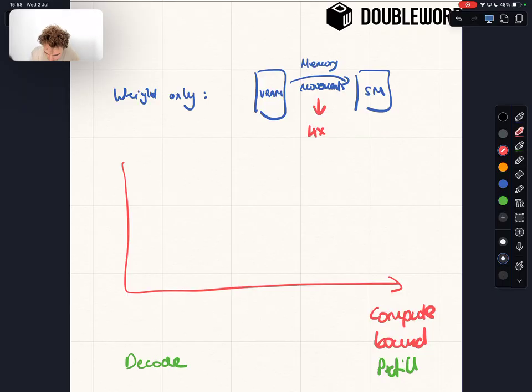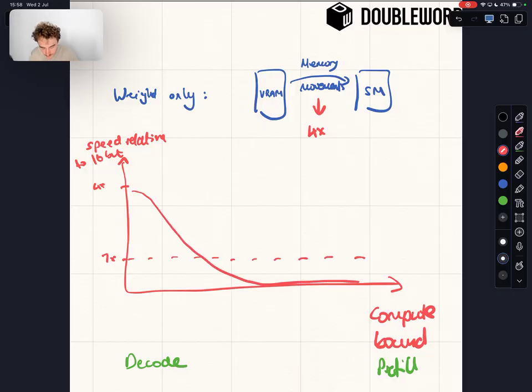And something like AWQ, so this is speed relative to 16-bit, would sit at like 4x. If this is 1x, so this is no speed up, it would look something like this, and it would become significantly slower as you became more and more compute bound. And recently, more and more kernels are coming out that look like this.